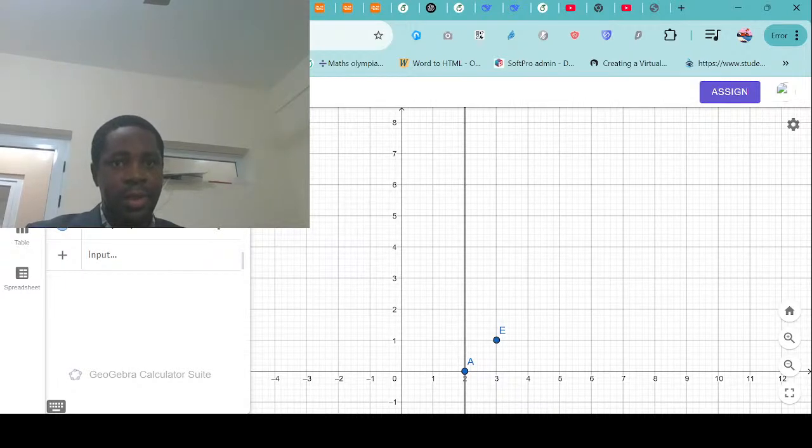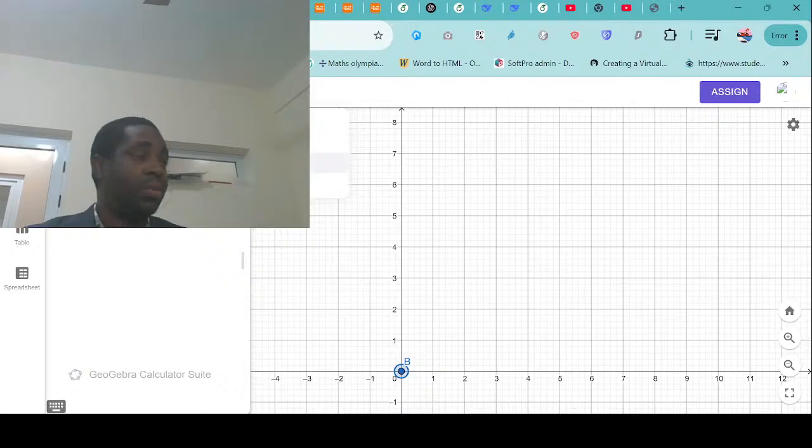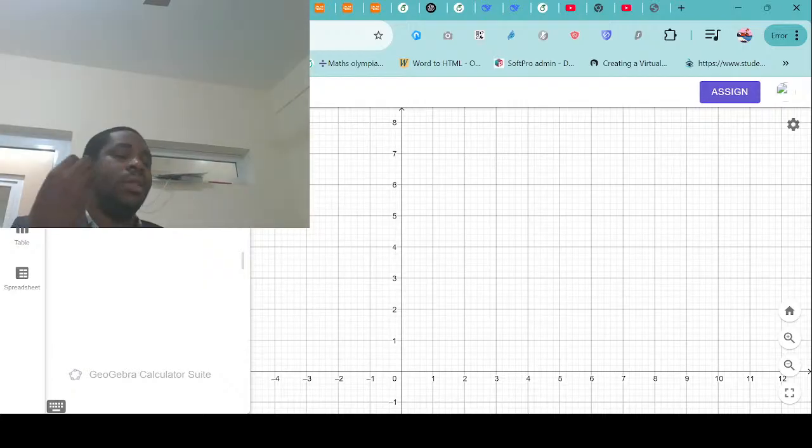GeoGebra makes it easy for you to visualize any mathematics that you are working with, and I love to use it while teaching so that whatever you are teaching is as concrete as possible. Because maths looks boring when you're only dealing with letters and not something tangible.